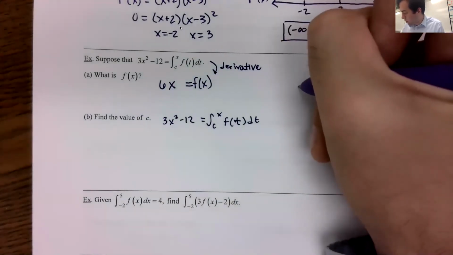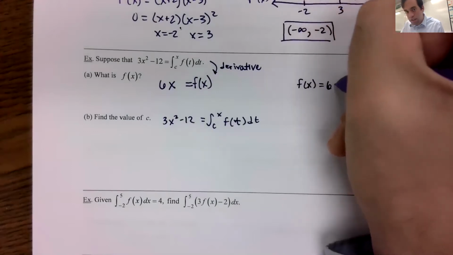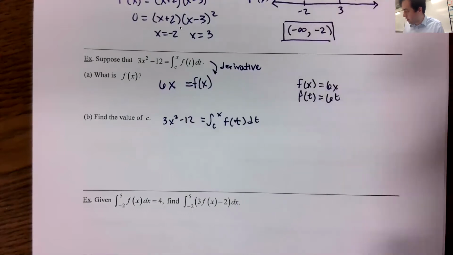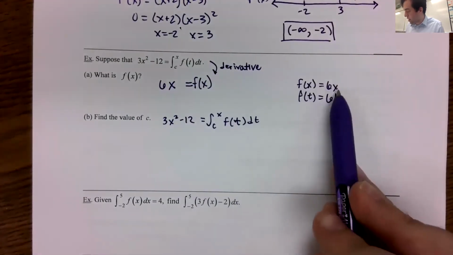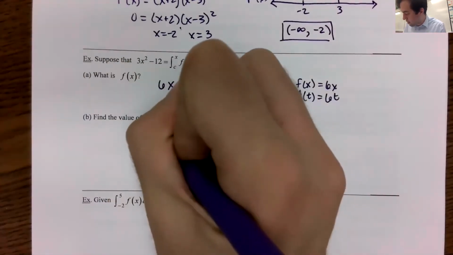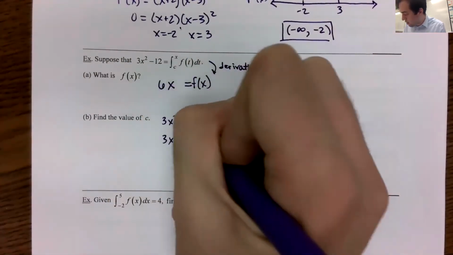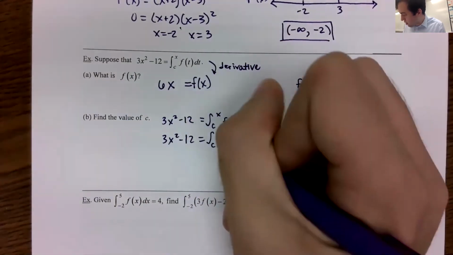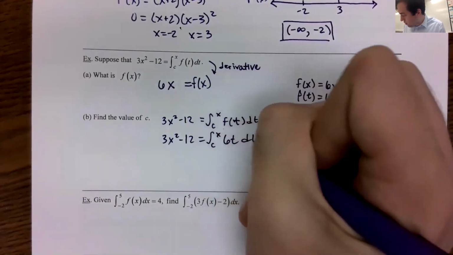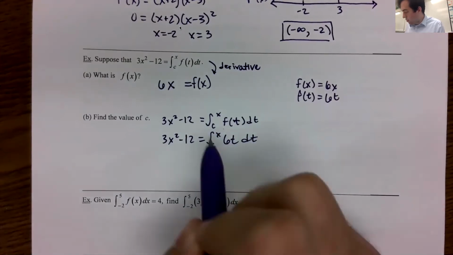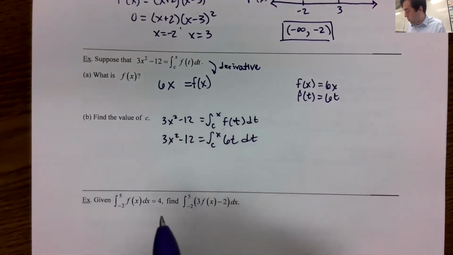So if f of x equals 6x, f of t equals 6t, right? It's just replacing the x with t. So we can replace this integral with 6t. And in that way, we can actually integrate this. So this is kind of a weird question, but we can do this.